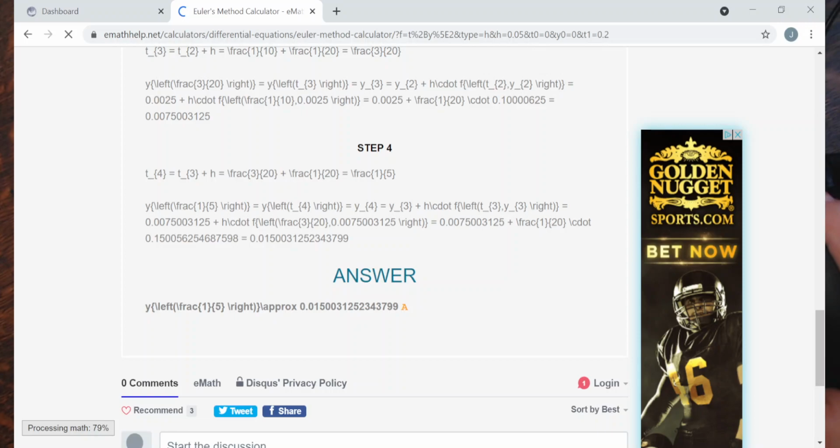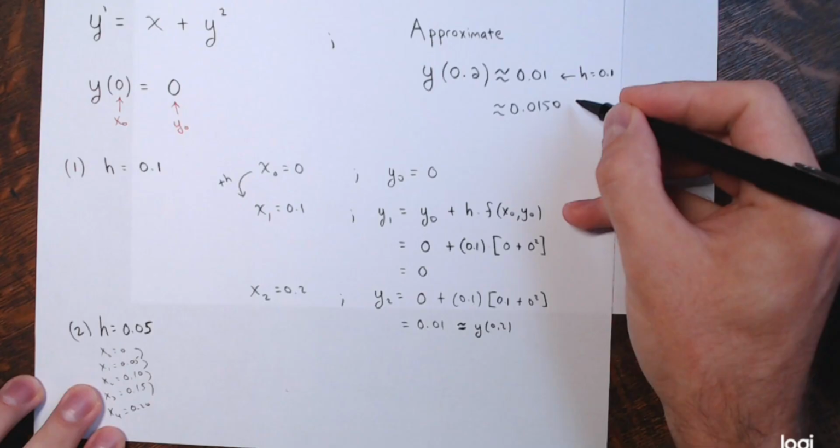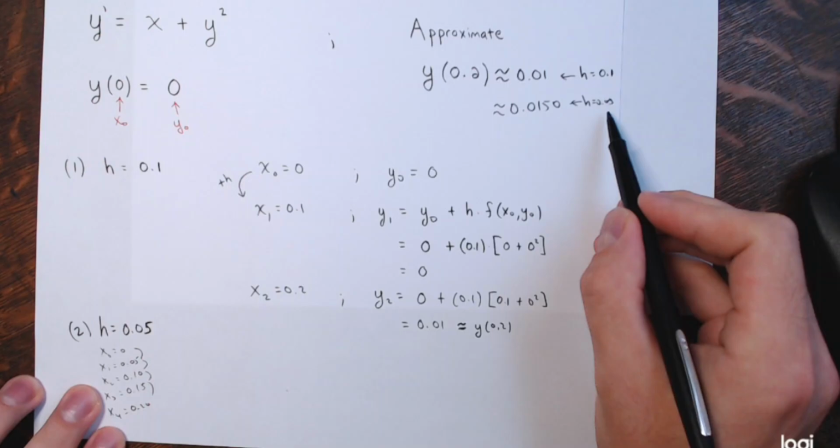Let's take this off. That'll come up clean eventually. But this is approximately 0.0150, when h equals 0.05. And again, the smaller h gets, the more and more refined the approximation will get. Hopefully, the less error from the actual answer you will have.